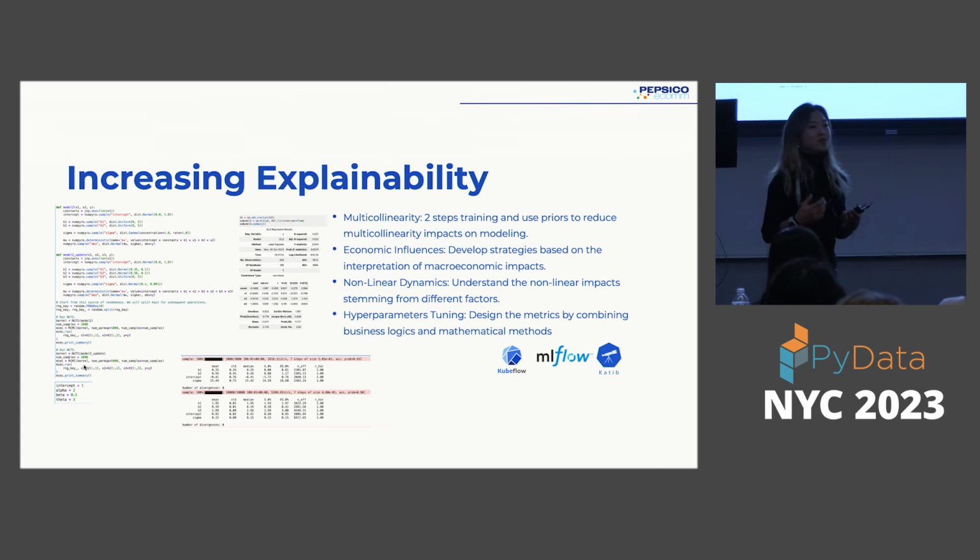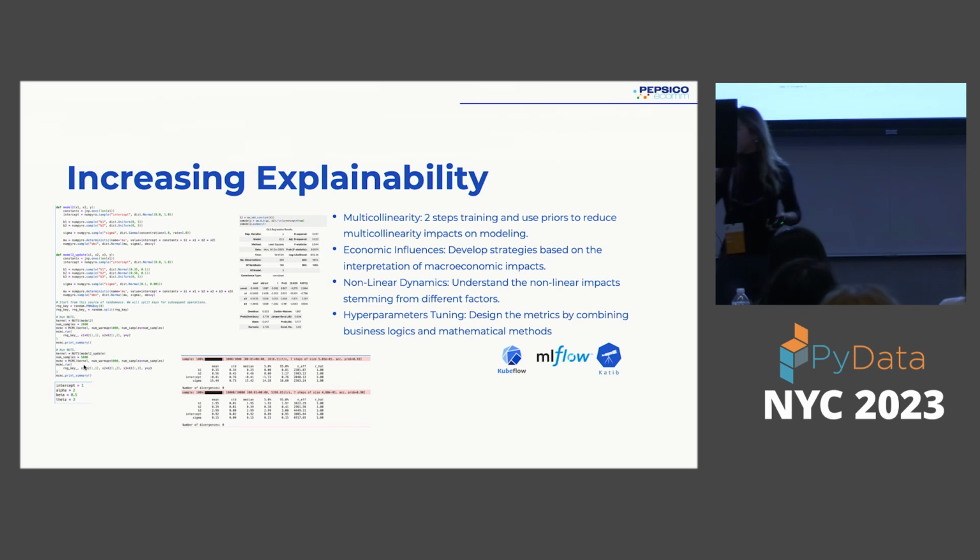However, it doesn't tell you the full picture of how your coefficients and your ROI look. So we have to design a set of either business rule-based or other metrics to evaluate the coefficients that we learned in our production environment. And it usually is an iterative process between data science and our stakeholders.